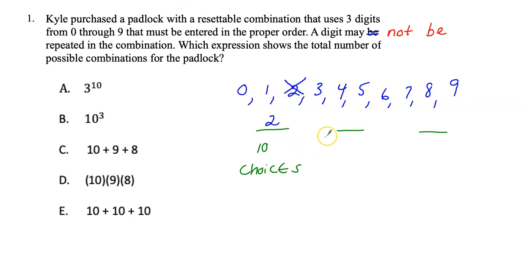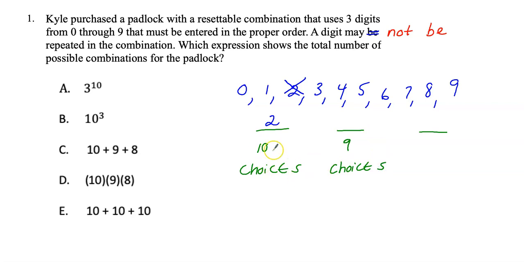And then for my second digit, how many possible choices would I have now? Well, now I'd have 1, 2, 3, 4, 5, 6, 7, 8, 9, because I can no longer use the 2. So the second digit would have 9 possible choices.